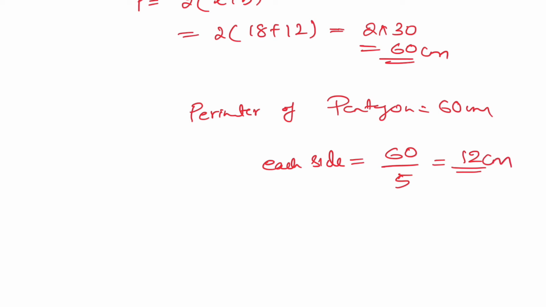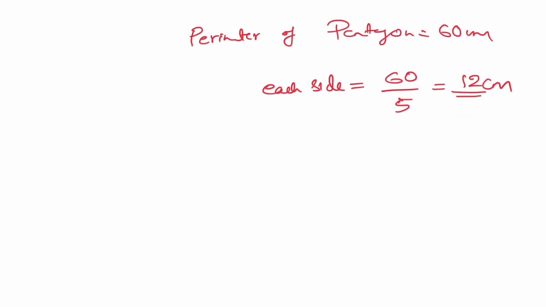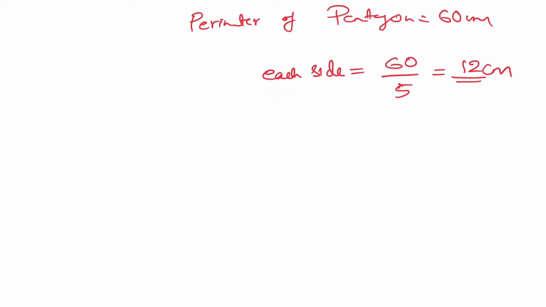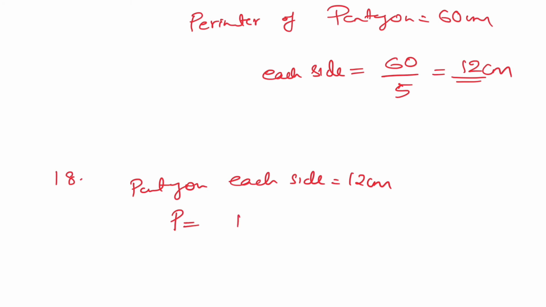Coming to the next question. A regular pentagon of each side 12 cm has the same perimeter as a regular hexagon. Find the length of each side of the hexagon. So first we'll find the perimeter of the pentagon. Perimeter will be 12 into 5, right? 12 5s are 60 you will get.